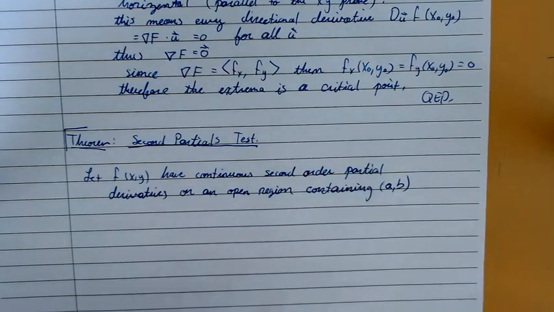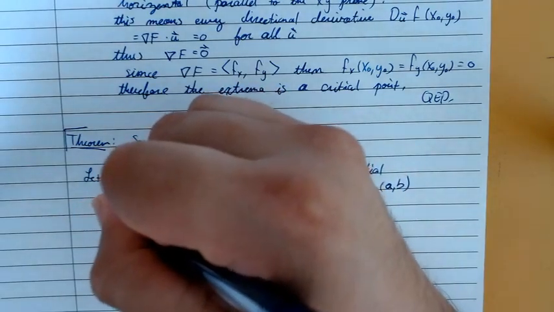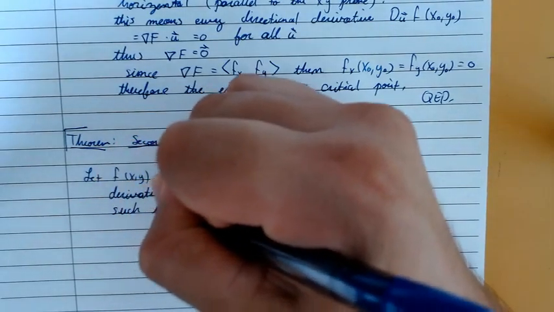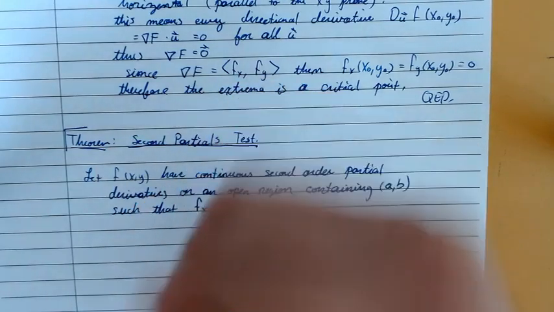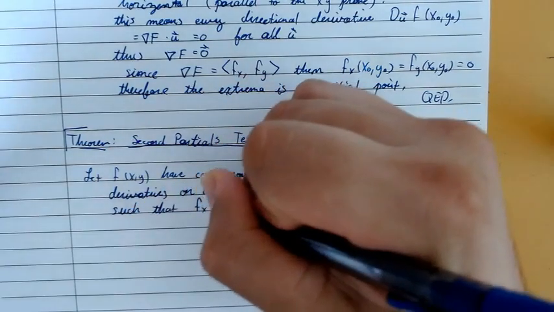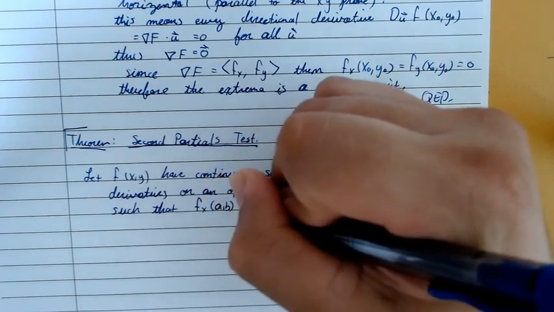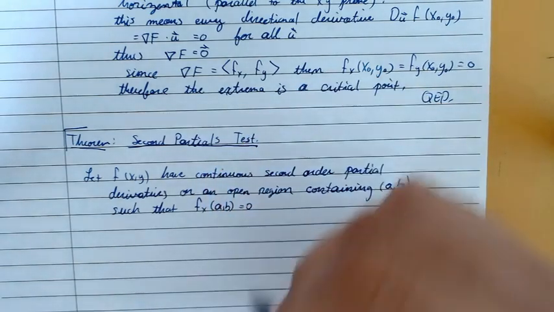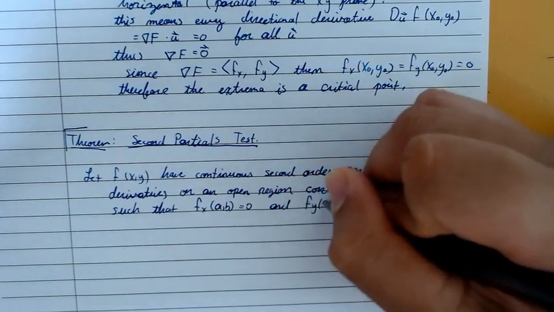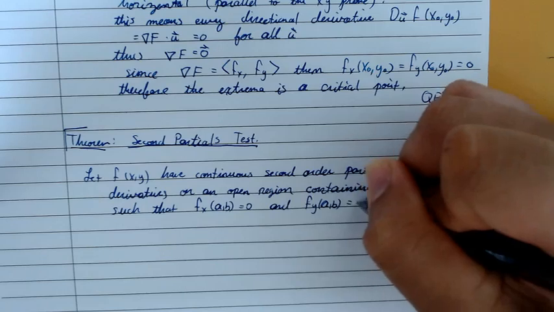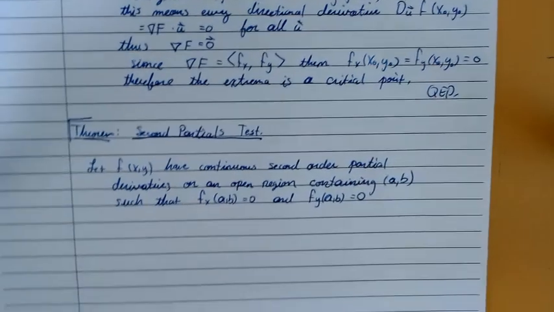All right. That AB is such that the first partial with respect to x at AB is equal to 0, and the first partial with respect to y at AB is equal to 0. In other words, it's a critical point.